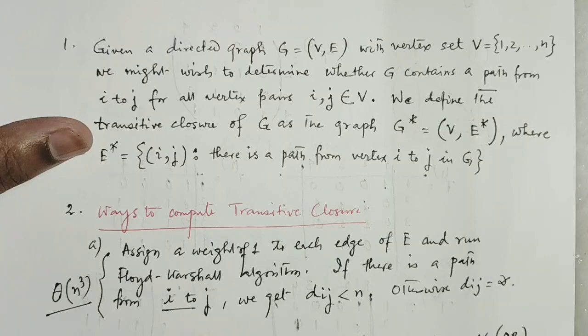So in the second method for transitive closure, this method substitutes the logical operations, logical OR and logical AND, for the arithmetic operations minimum and plus, that is addition, in the Floyd-Warshall algorithm. Once my lecture is over, at the last I will definitely explain what is the benefit of applying logical OR or logical AND, replacing minimum and plus in Floyd-Warshall.